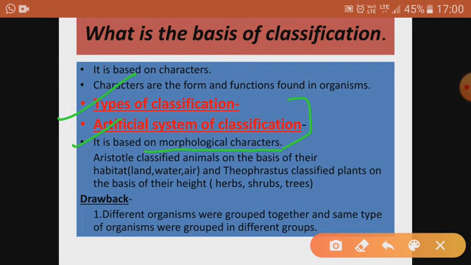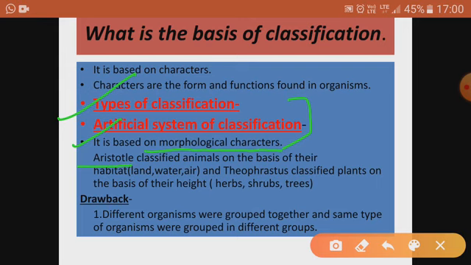Just by seeing the outward characters, the scientists classified the organisms into different groups and subgroups. Aristotle, who is considered to be the father of biology, classified animals on the basis of their habitat. He just saw one of the morphological characters, that is habitat, land, water and air, and he classified animals on the basis of their habitat.